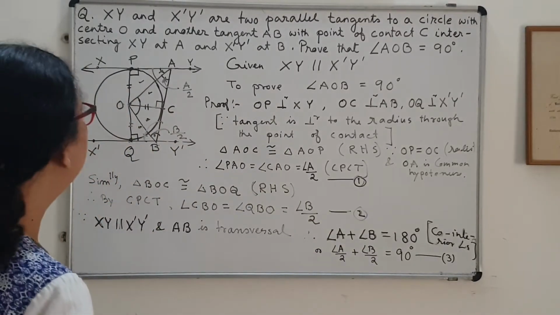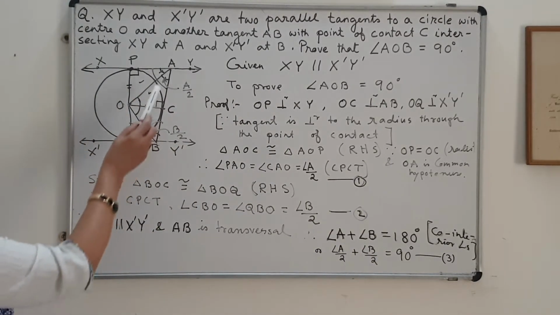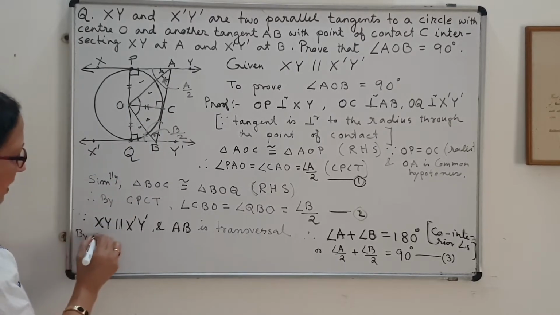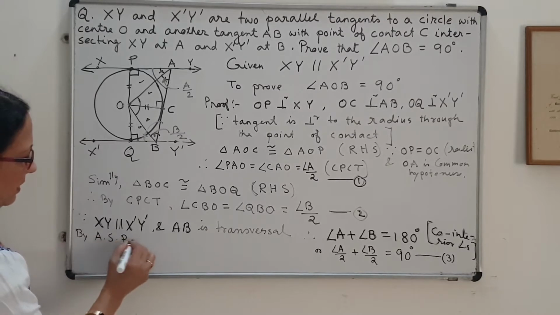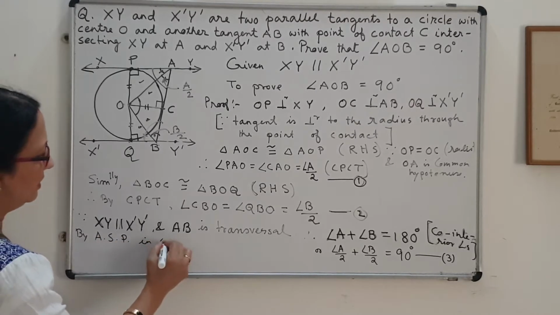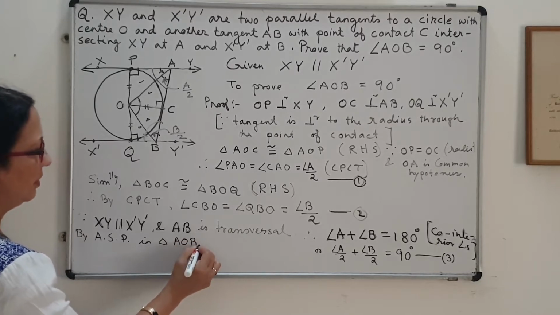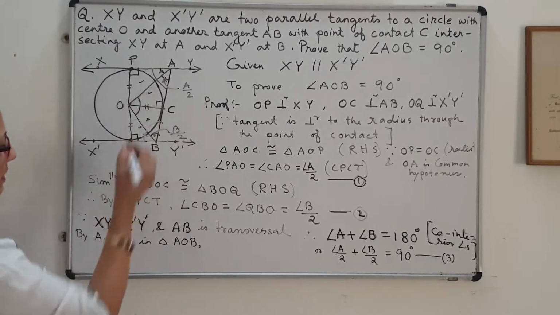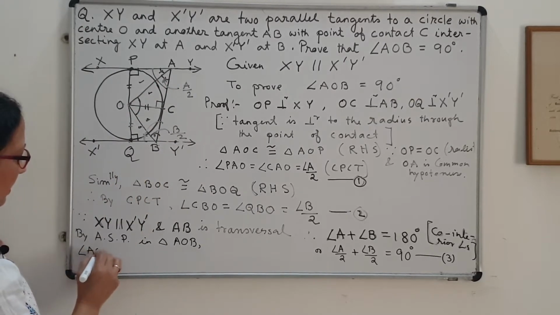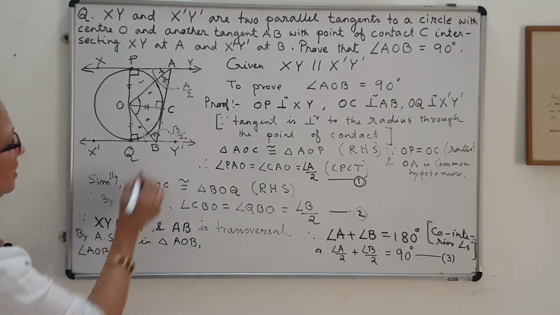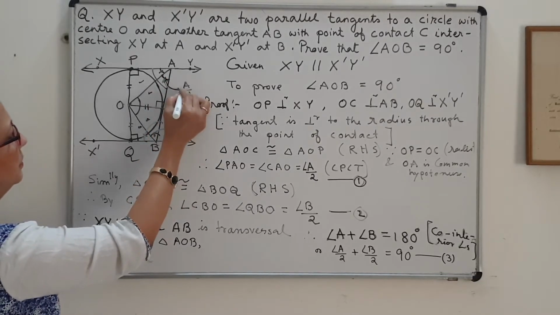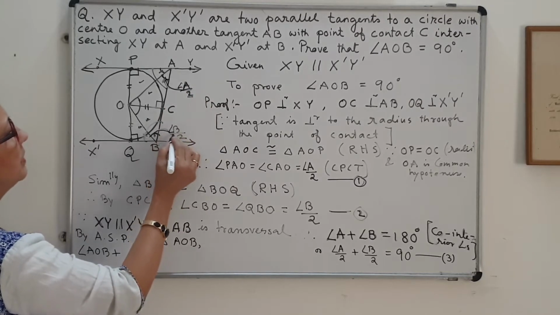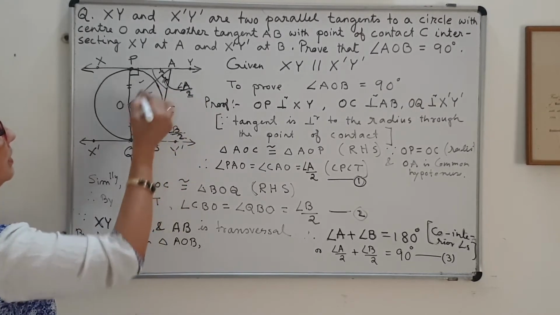After that, what will I do? I will be applying the angle sum property in triangle AOB. So let me write here: by angle sum property in triangle AOB, we have angle AOB plus this, which I have mentioned as A by 2, and this part is angle B by 2, because they are half.